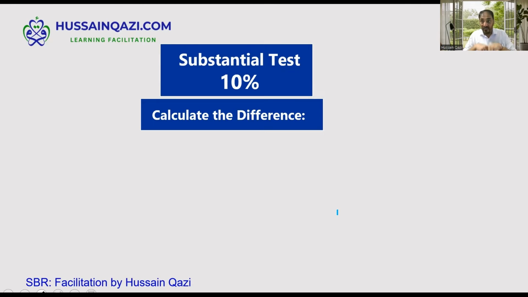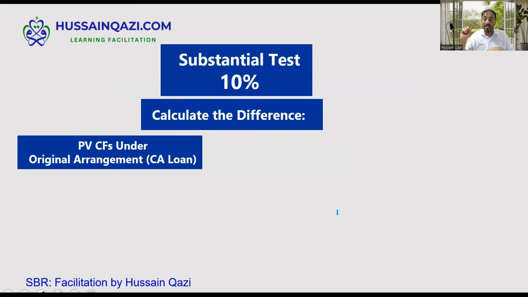At that point, first we need to calculate the difference between the carrying amount of the original loan. That is simply the present value of cash flows under the original arrangement. This is called the amortized cost method. Simple. Carrying amount of the loan by amortized cost method.